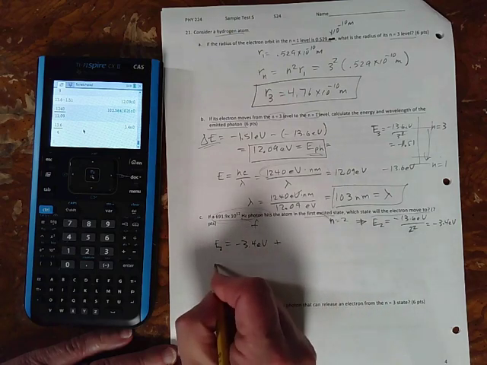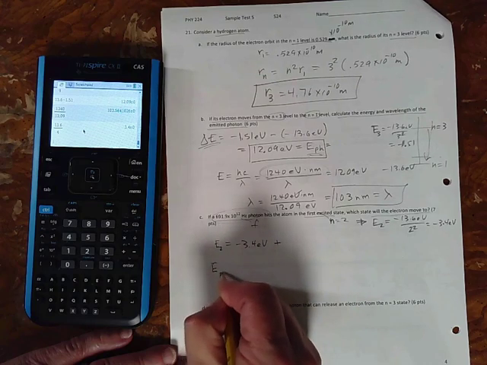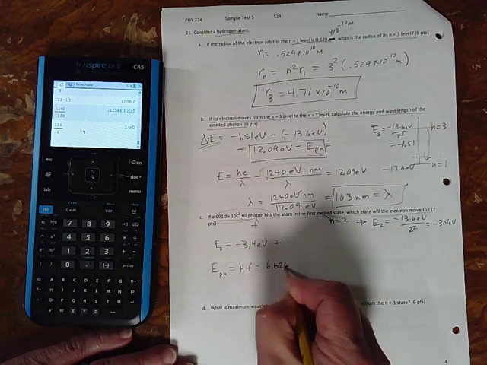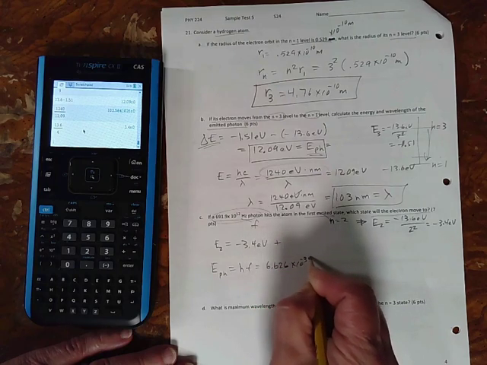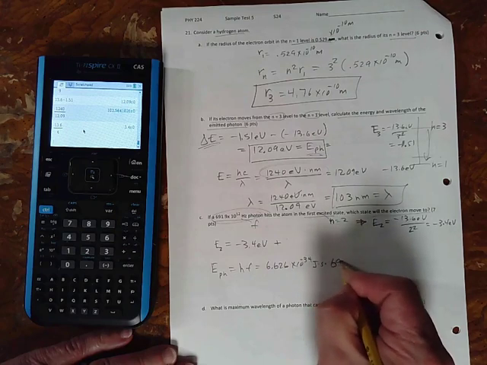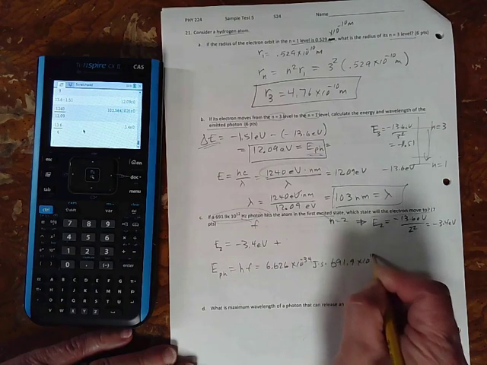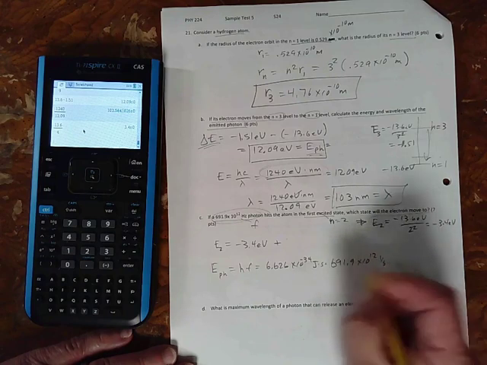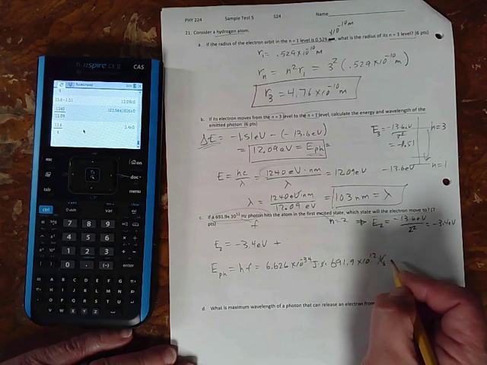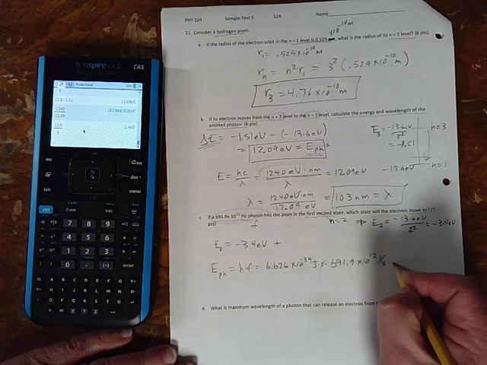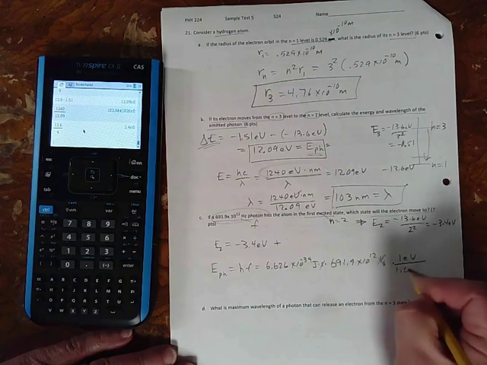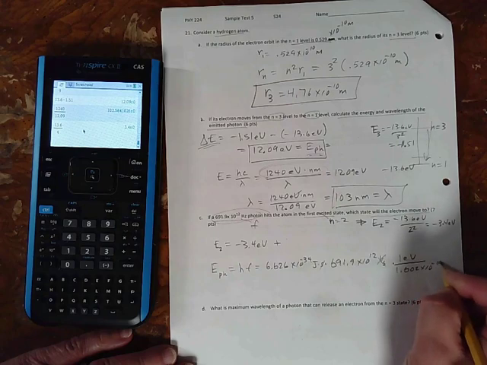Let's calculate E of the photon, which is hf, which is 6.626 times 10 to the negative 34 joule seconds, times f, which is 691.9 times 10 to the 12th hertz, which is 1 over seconds, so the seconds are gone. And we get joules, but we want eV. So let's multiply this by 1 eV is 1.602 times 10 to the negative 19 joules.